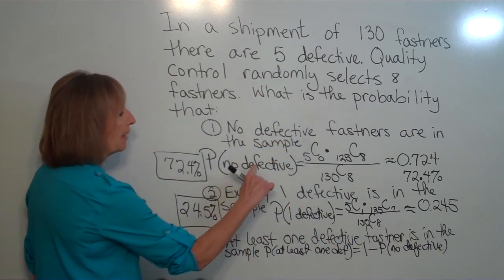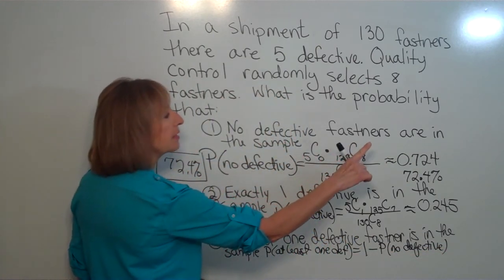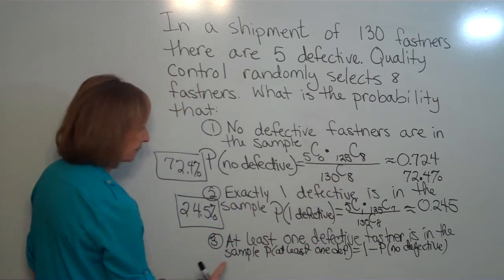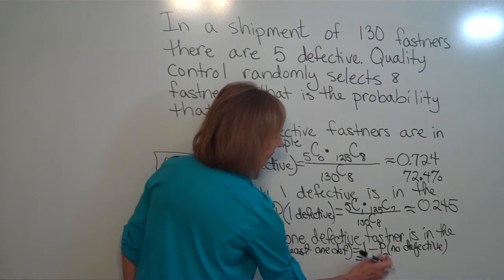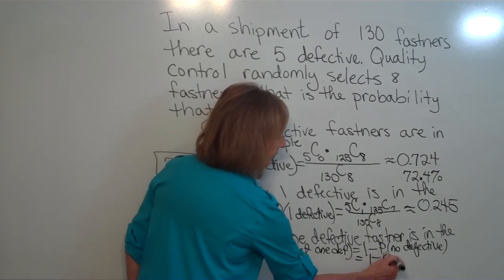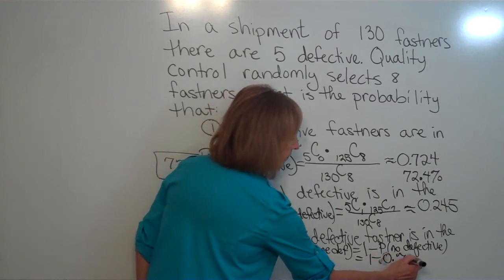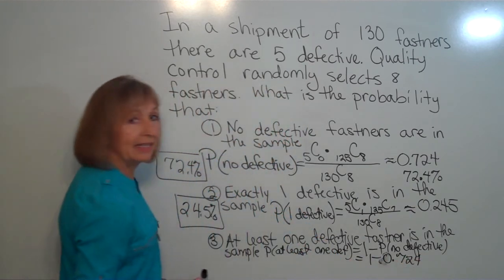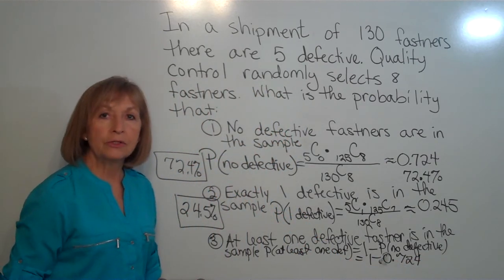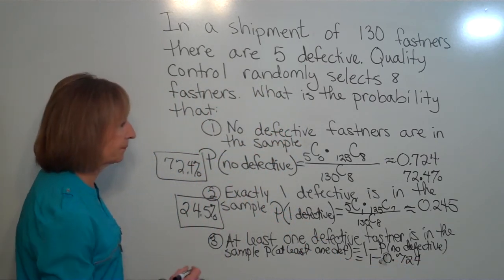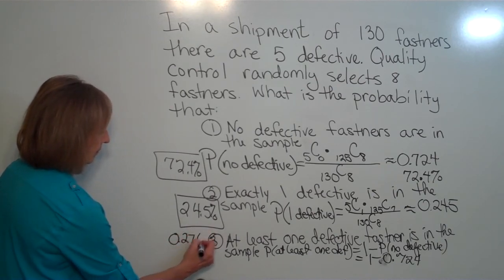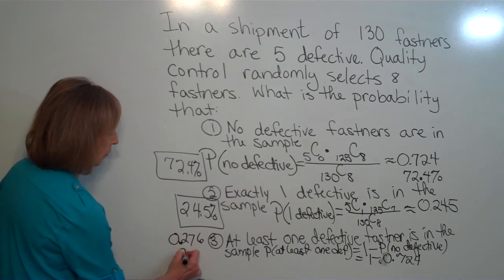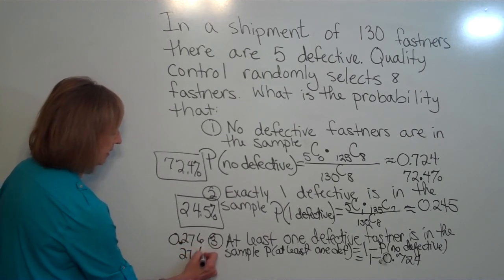So that gives me 1 minus my 0.724. And that gives me 0.276, or 27.6%.